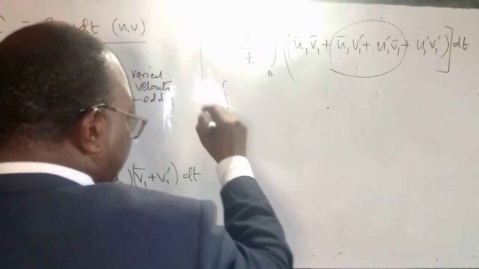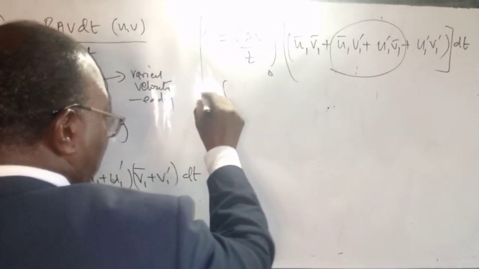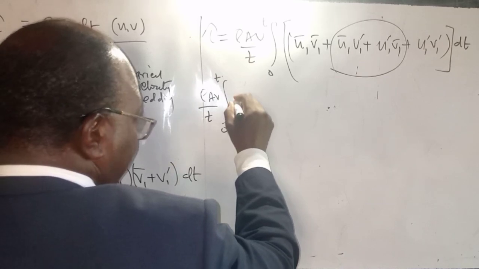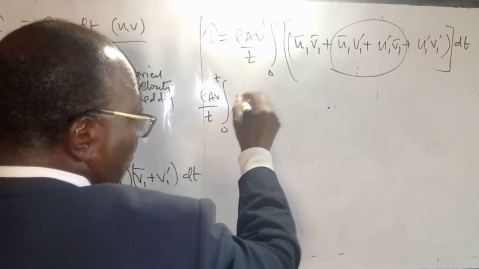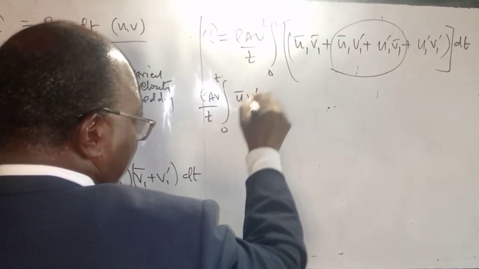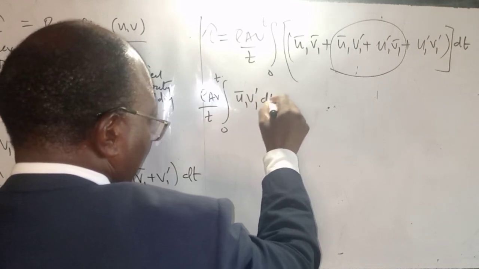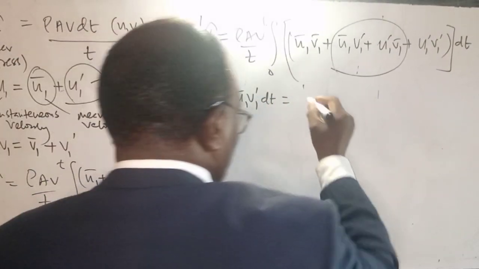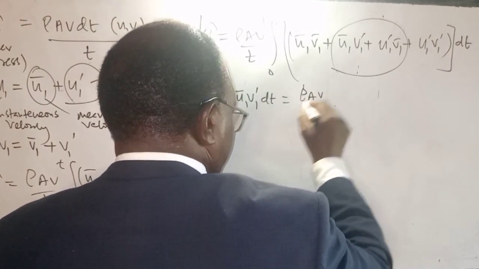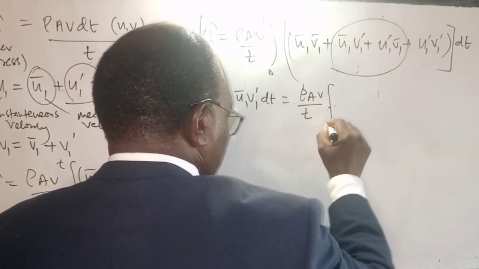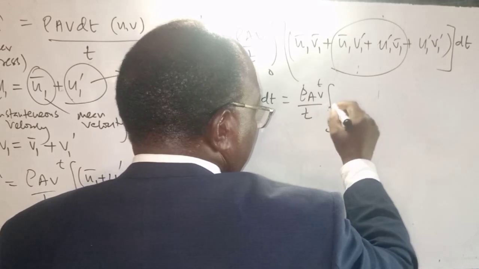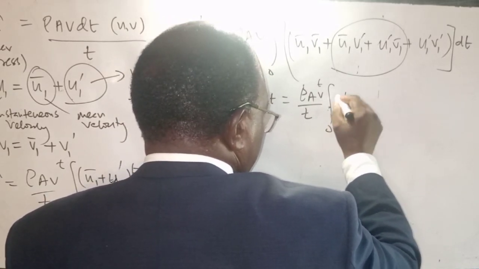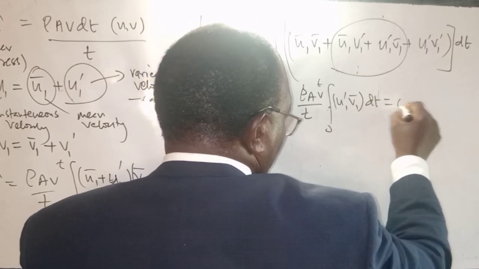Therefore, what we are saying is that the integral over t of u1 prime v bar 1, and likewise the integral of u bar 1 v1 prime, will be 0.